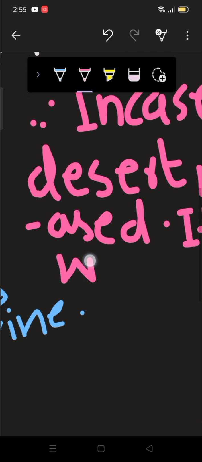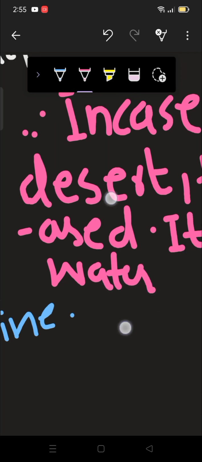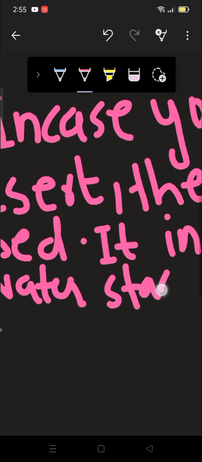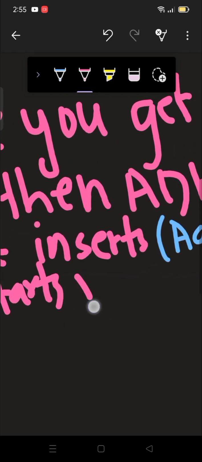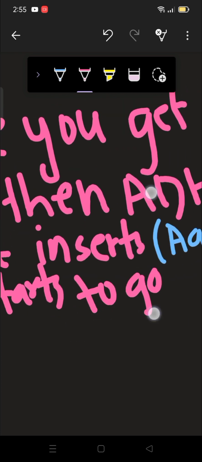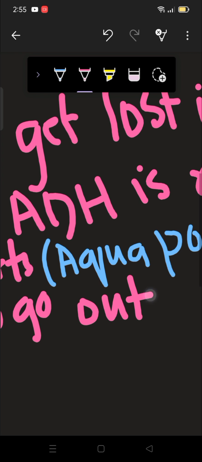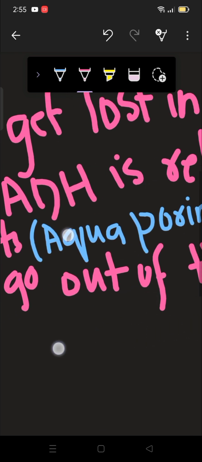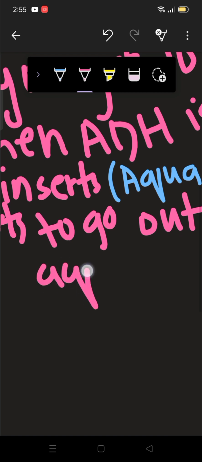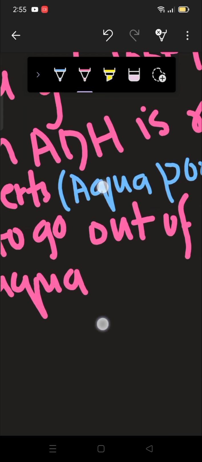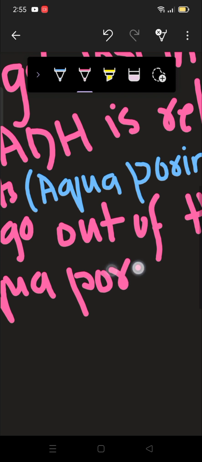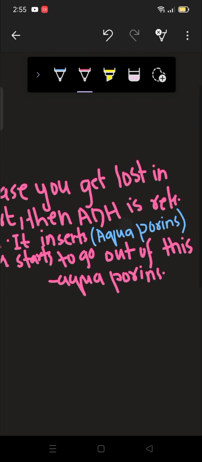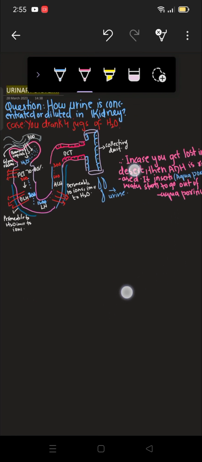Alright, so that more and more water starts to go out of this aquaporin, so that they can be reabsorbed. Alright, water can be reabsorbed. So this was the second case in which you were lost in the desert and you were not having water in your body.